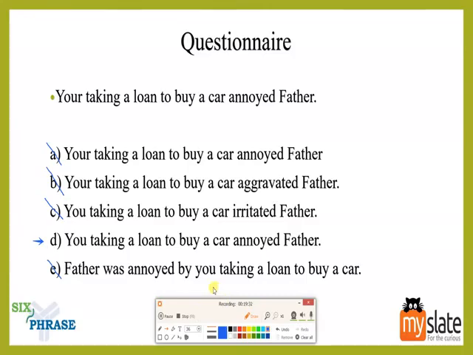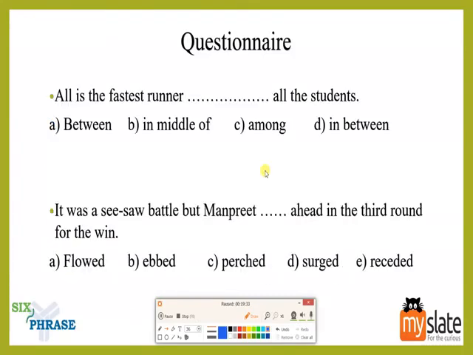So we'll look at some other question. When we look at the questions here, it is actually Ali, A-L-I, not A-L-L. So there's an error, let me just quickly correct it. Right, "Ali is the fastest runner dash all the students." So we have between all the students, in the middle of, among, in between.